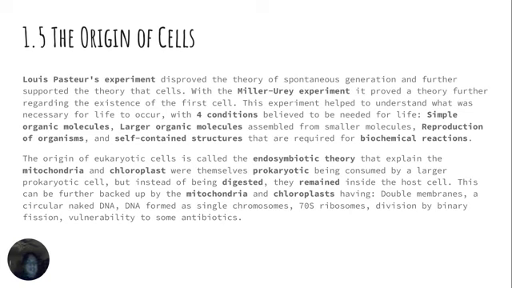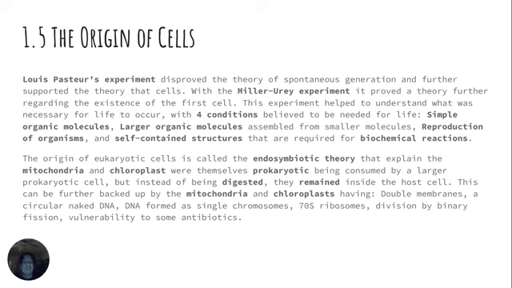The origin of the eukaryotic cell is called the endosymbiotic theory, which explains how the mitochondria and chloroplasts were once, long ago, themselves prokaryotic beings that were consumed by a larger prokaryotic cell. But instead of being digested, they remained inside the host cell and performed different tasks for that cell.